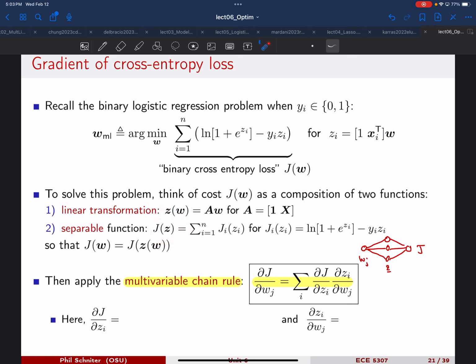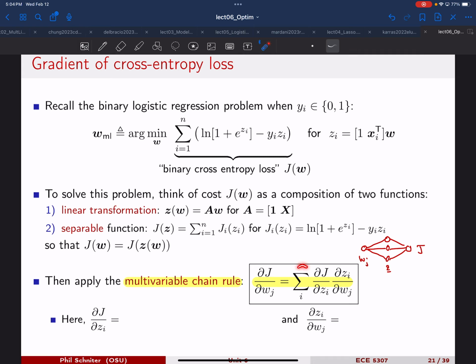And so what the multivariate chain rule says is that when you look at how does this W affect this big J, you look at the gradient, but you have to look at what happens separately over all those paths.